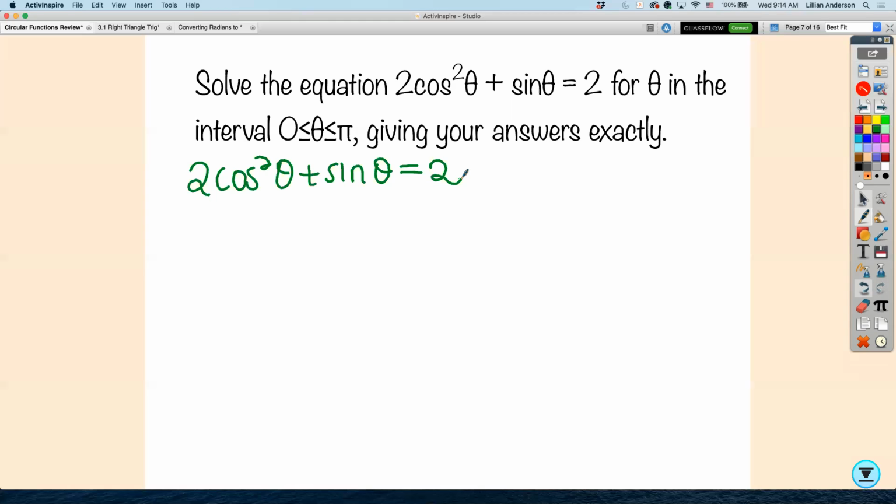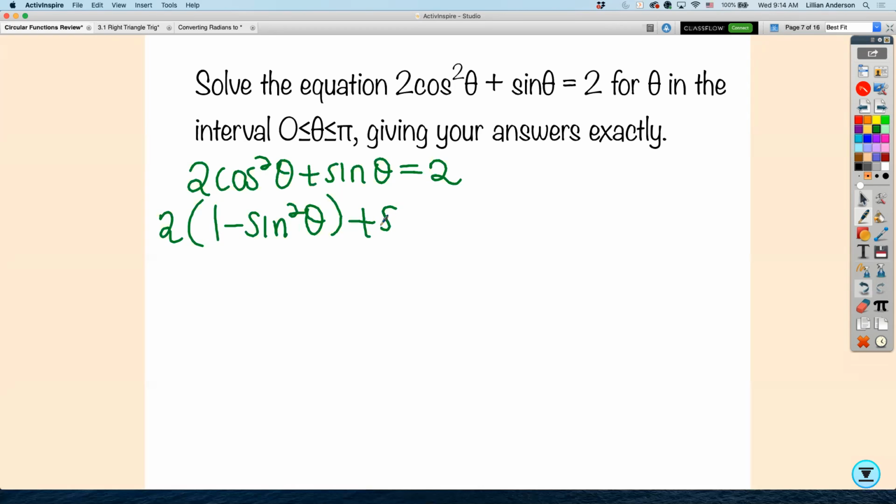Is there a way we can do that? Is there a way I could rewrite cosine squared theta so that it's in terms of sine instead of cosine? Could we use the Pythagorean identity? The Pythagorean identity of 1 minus sine squared theta, yes.